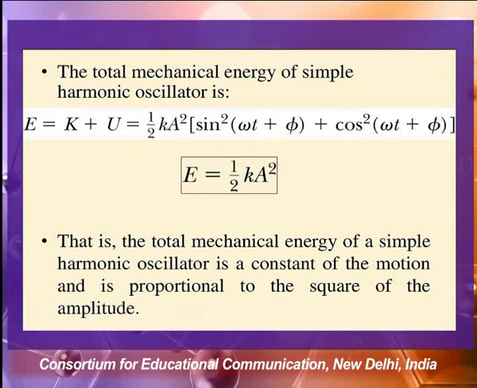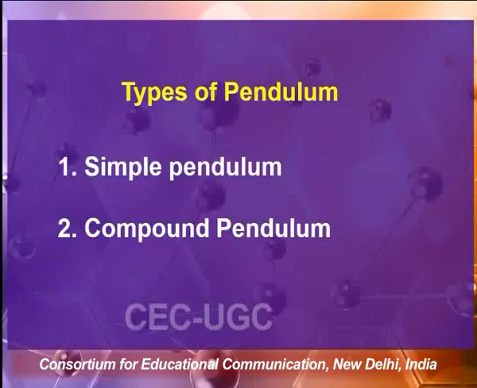If we solve this equation, finally we get E equal to 1 by 2 kA square. So the total mechanical energy of a simple harmonic oscillator is a constant of the motion and is proportional to the square of the amplitude.